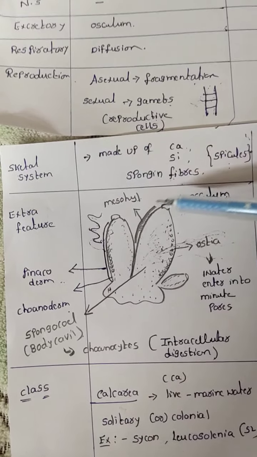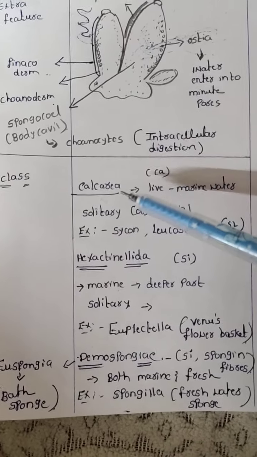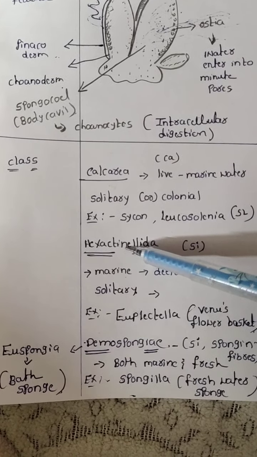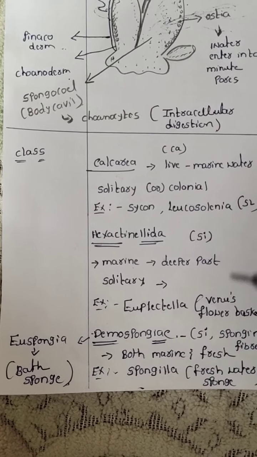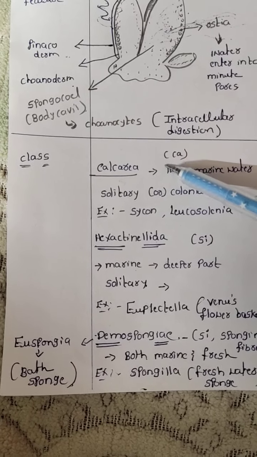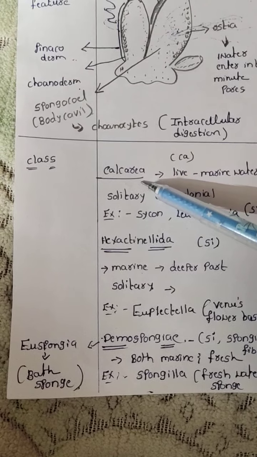the Porifera can be divided into three classes. One is Calcarea, second is Hexactinellida, third is Demospongia. When the exoskeleton is made up of calcium, it is under the class Calcarea.